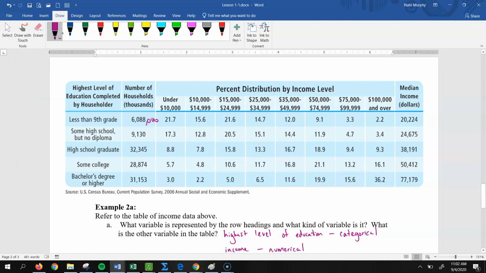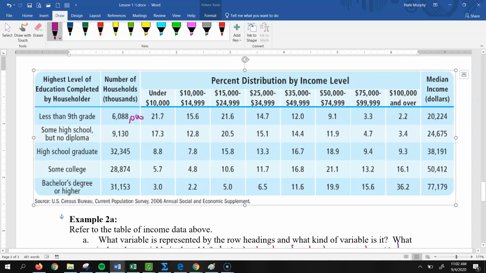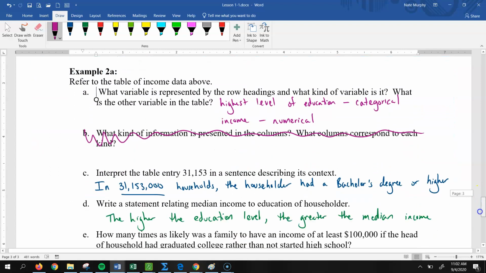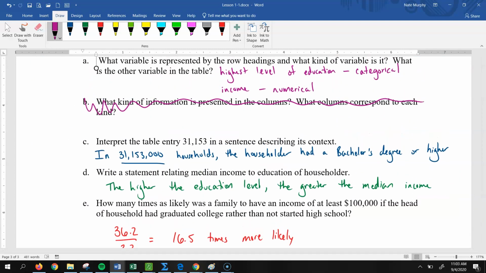They just didn't want to squeeze those numbers into the table like that, so they reduced them and said these represent thousands of people. So 31,153 represents 31,153,000 people or households. In those households, the householder had a bachelor's degree or higher.